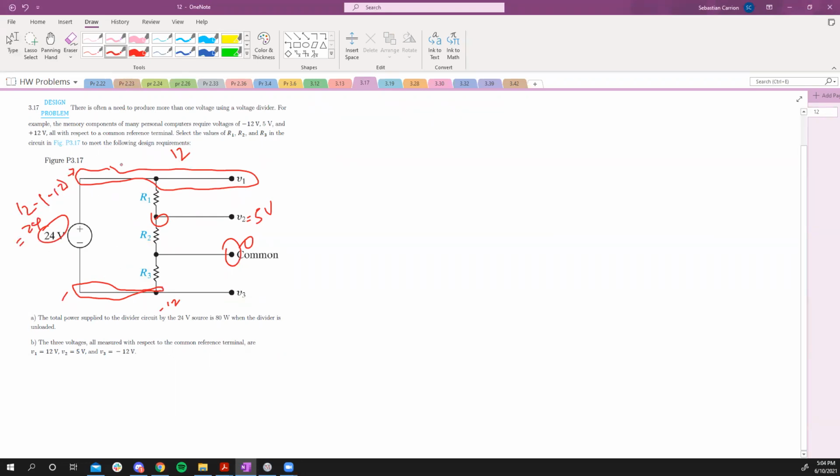We know the voltage across 12 minus negative 12 is 24, right? It tells us the total power supplied is 80 watts. We know the formula for power is I times V, equals V squared divided by R, or I squared times R. This equation would be the most appropriate since we know the wattage and the voltage.